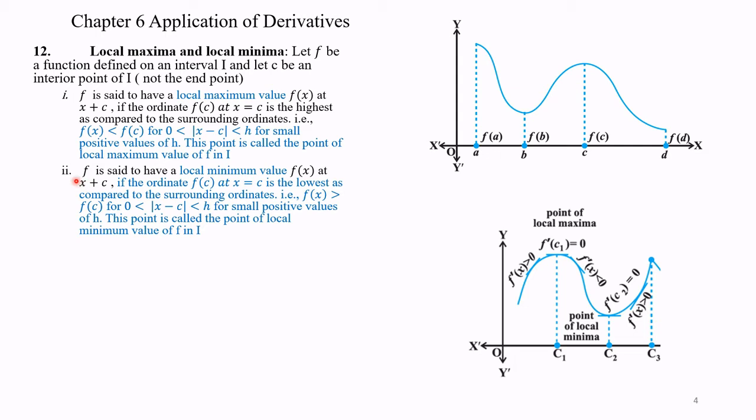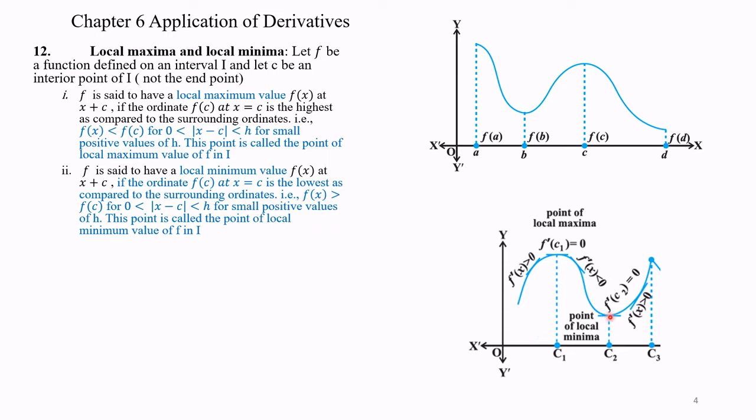The next case, number 2: f is said to have a local minimum value at x equals c if the ordinate f(c) is the lowest as compared to the surrounding ordinates.